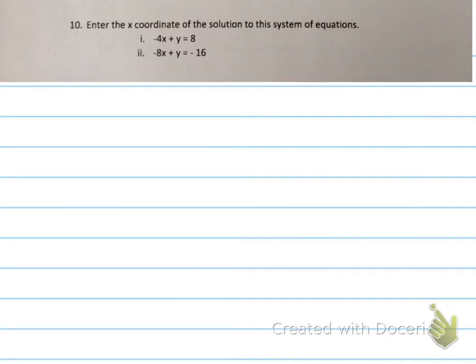Enter the x coordinate of the solution to this system of equations. Alright, there's a few ways we could go about this. Let's use substitution, and I'll try and show you linear combinations as well. I'll do both. So substitution.